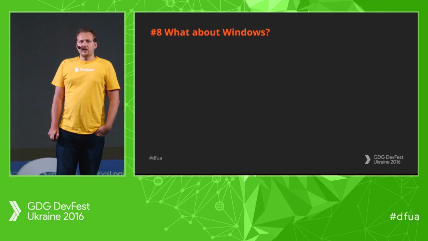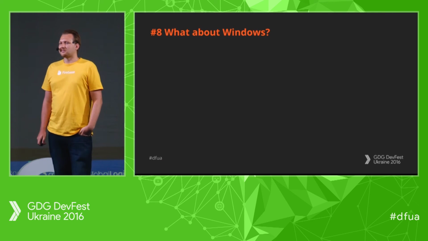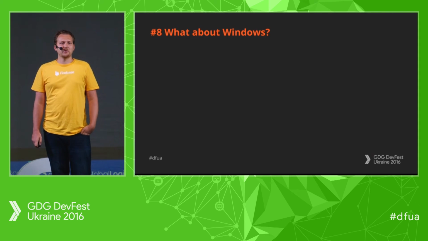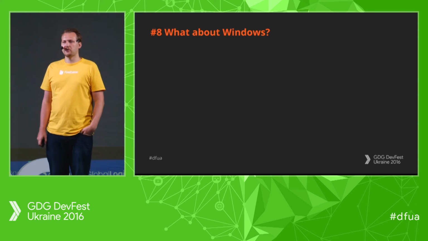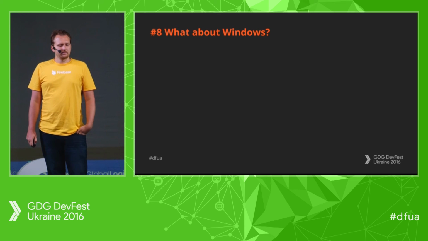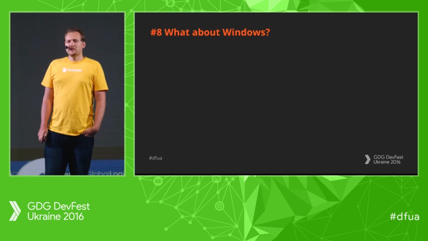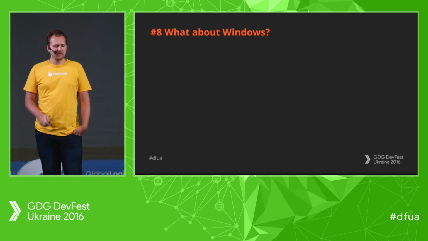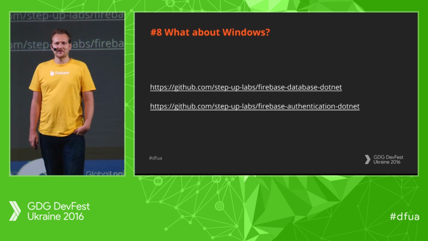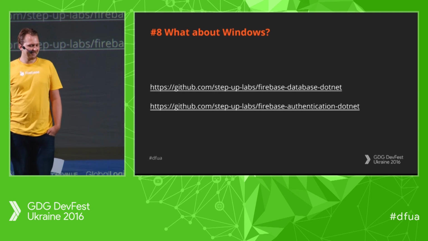And finally, what about Windows? We also have a Windows app right now, and Firebase is all about Android, iOS, and web. So what about Windows? Well, we haven't found any good library for Windows and .NET, so we wrote it ourselves, and it's open sourced.